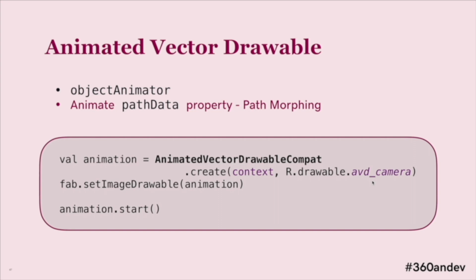ShapeShifter can be used to export these AVDs directly. So that is what we are going to do in this talk. We create this animation, we set this animation on a view, and finally we start the animation. That is all we need to do after we have pre-processed everything, and these animations are going to easily scale to any size without any loss of quality, which is perfect.